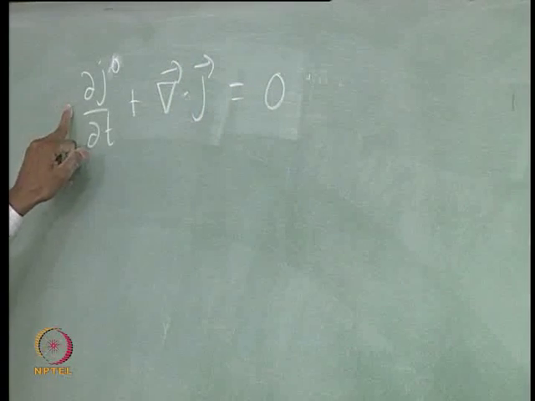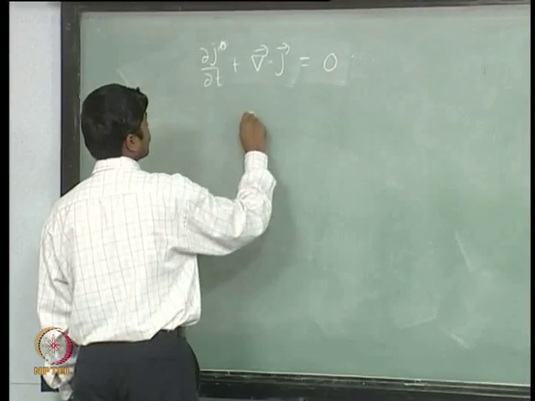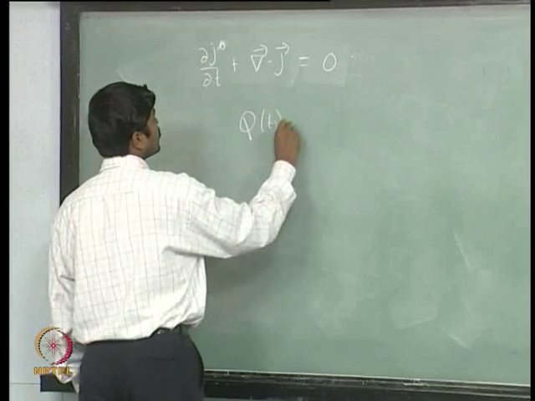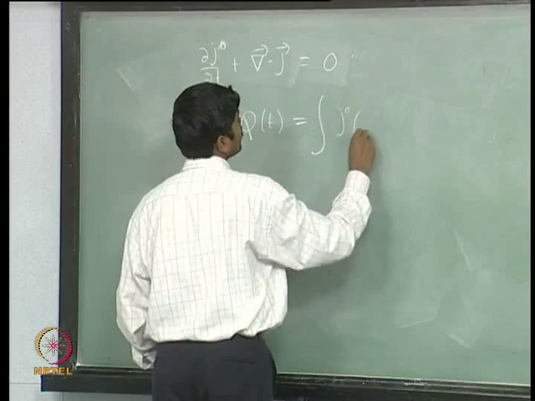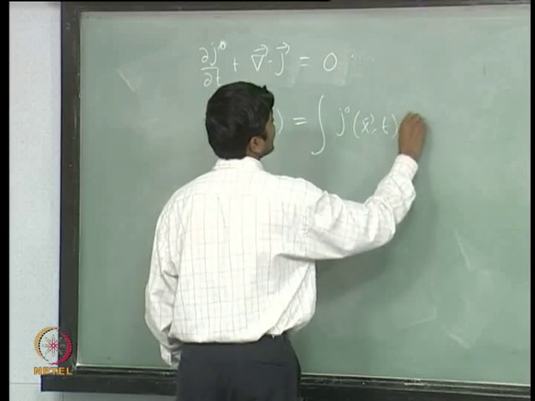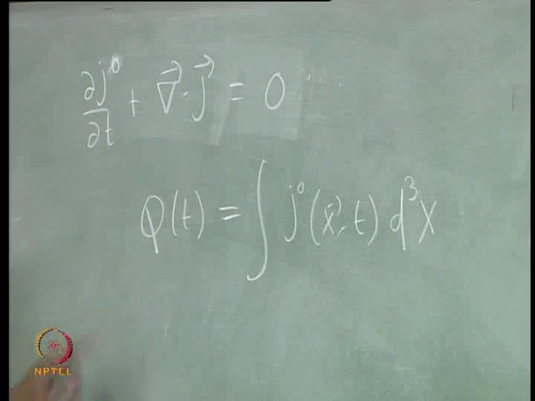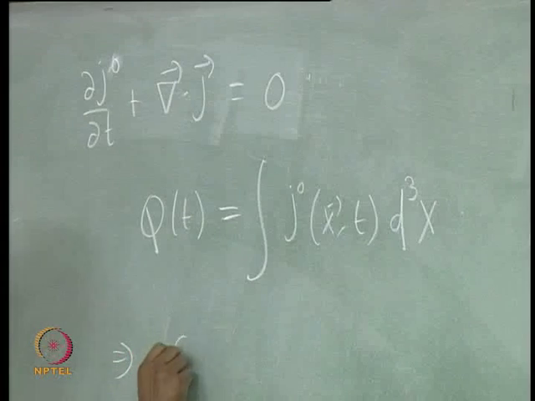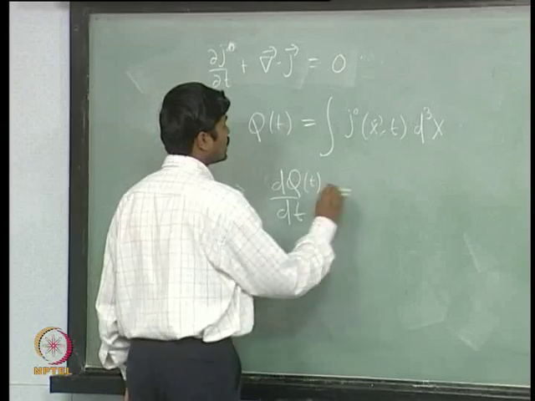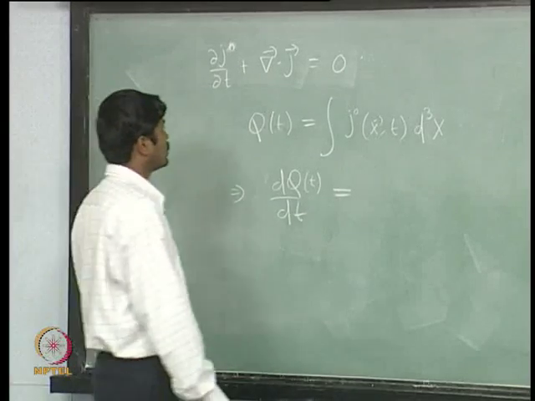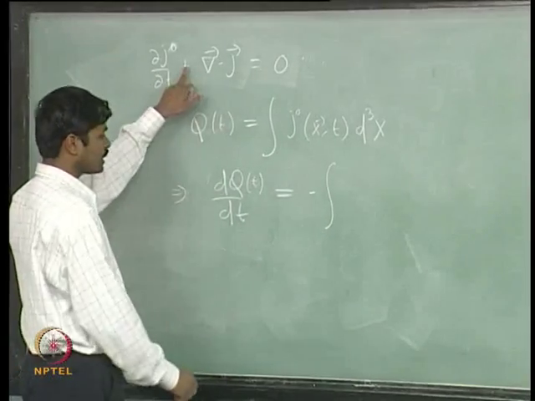Now, I will integrate it over the entire space, and I define some quantity which I will call q of t. Q of t is defined to be the integration of j 0 of x t over the entire space, d cubed x. Then this implies dq over dt is equal to minus integration of, I think there is a minus sign here.